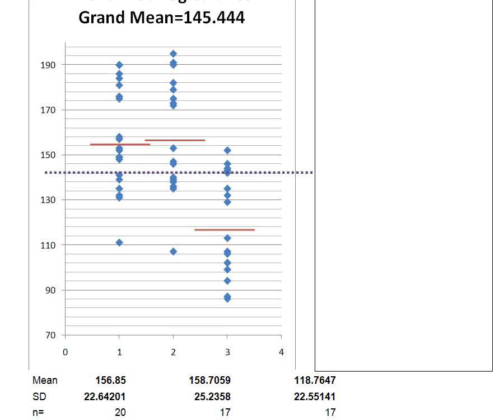What we're going to be doing, the overall idea is we calculate the sample average for the beef hot dogs, which is this red line, the sample average for the meat hot dogs, which is this red line, and the sample average for the poultry hot dogs, which is represented by this red line. And I have these numbers actually at the bottom of the table here, 156.85, 158.7, and 118.76 for the poultry dogs.